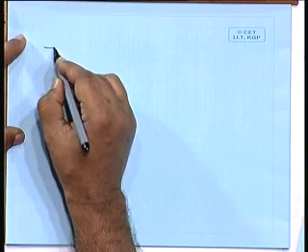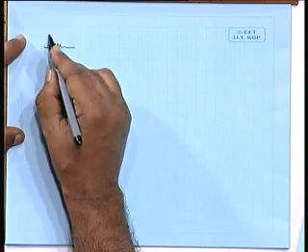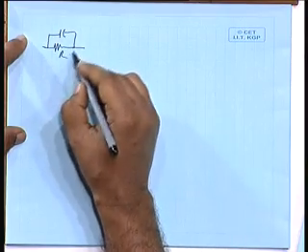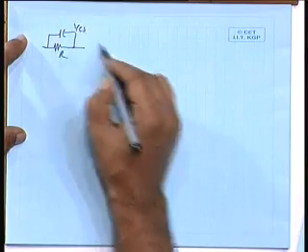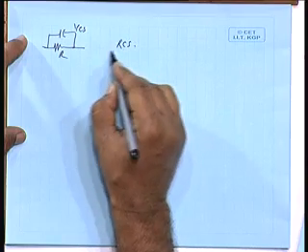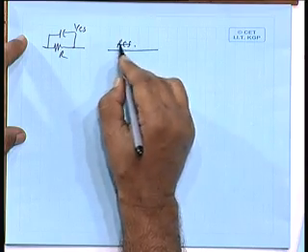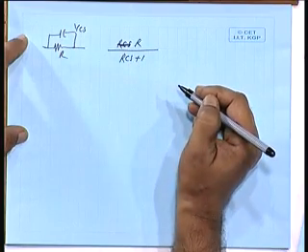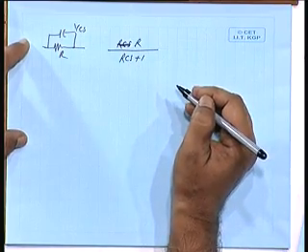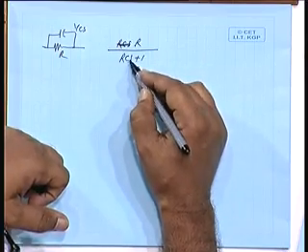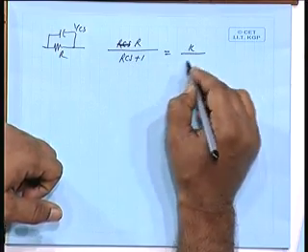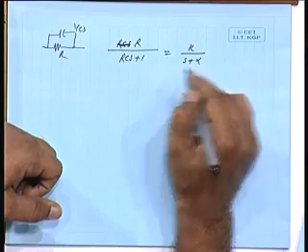Let us take R and C parallel combination. What will be the values? R by (RCs plus 1). Is it not? So, that is K by (s plus alpha).